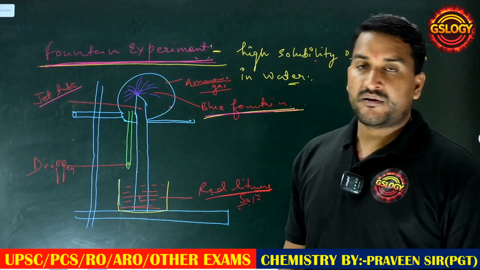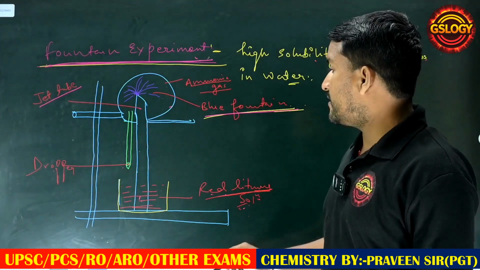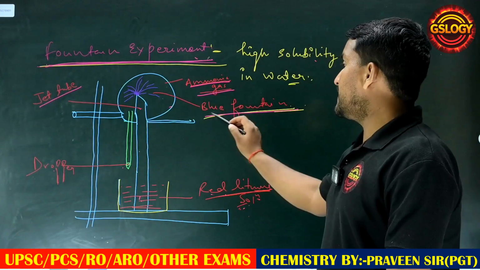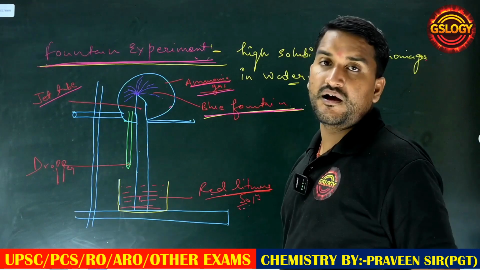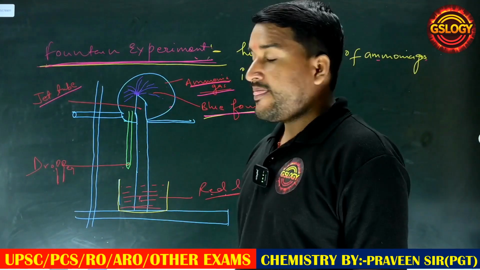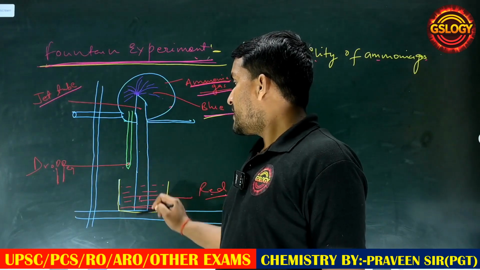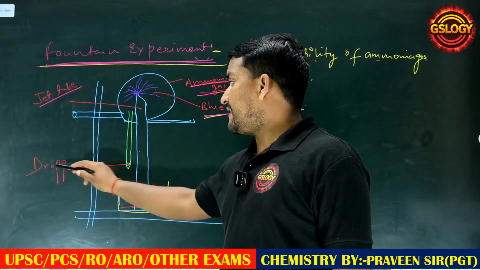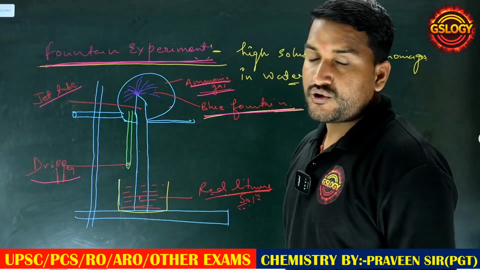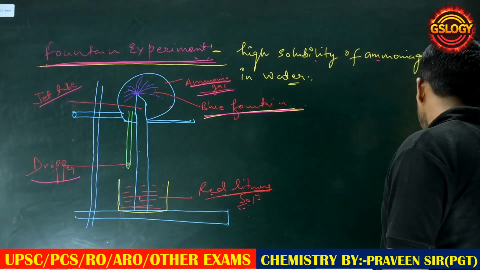Blue fountain means the red litmus solution, when it comes in contact with ammonia gas, a base, is converted into blue. Water is mixed with the ammonia gas by the dropper when you press it. Clear? So ammonia gas is highly soluble in water.